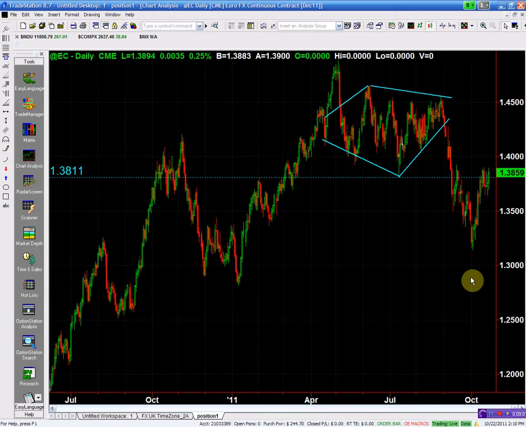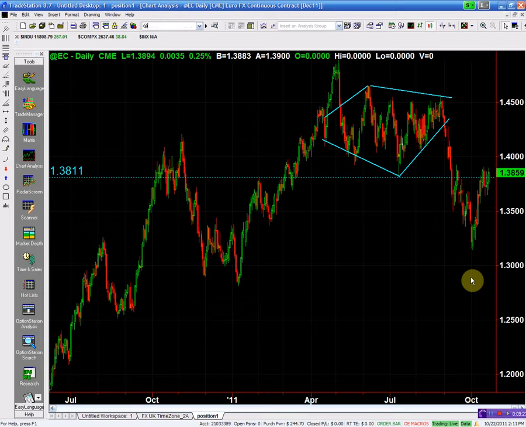So I'm looking for a short covering rally in the euro, and I am going to be short the euro if it trades below the 138.11. There is something that is kind of fishy, and I'm just going to lead you there, but I want you to see what basically we trade, what we see. As long as it's above the 138.11, I'm looking to be a buyer of the euro.